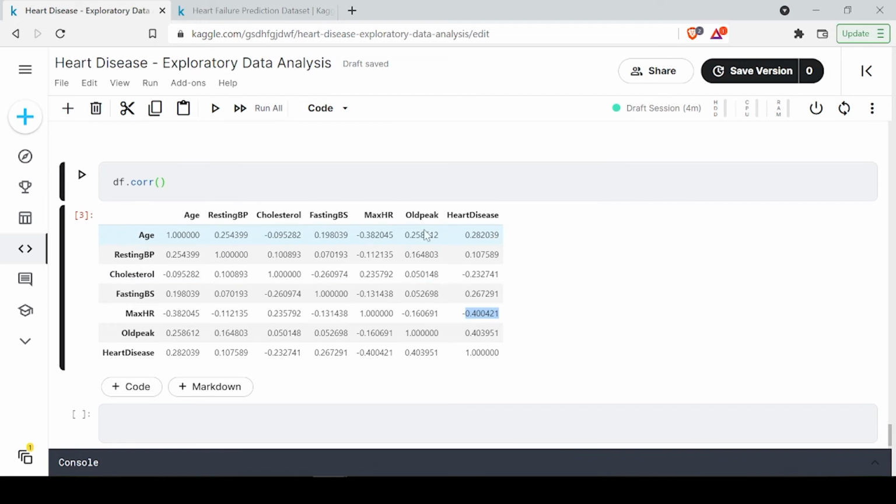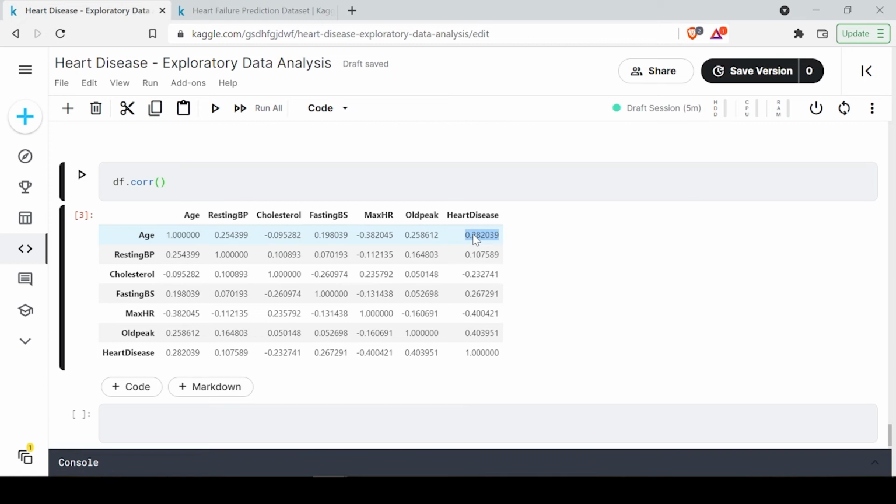Then obviously I will not take the rest of the columns. If I want to know whether a particular person has heart disease, I will directly correlate with age. What is his age? If age is 90, obviously he might have it, because age has a direct correlation with heart disease. Here we just have 0.28 correlation, which is not that much.